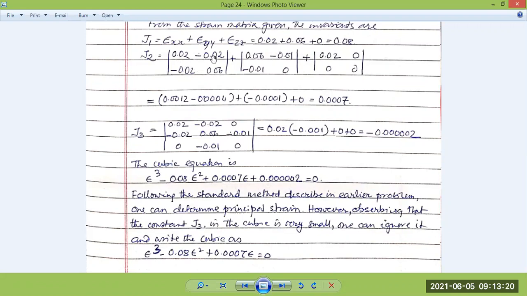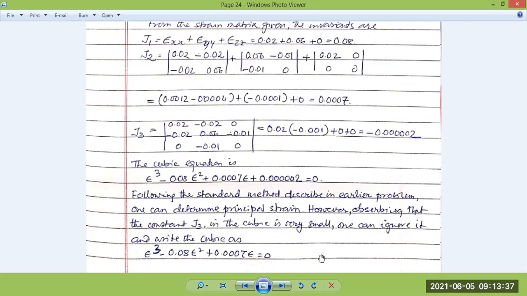Similarly, you put all these values in this matrix, and these matrices are solved. That's how we got J1 equal to 0.8, J2 equal to 0.00007, and J3 equal to minus 502. You put it in the equation, and this cubic equation will take this particular form.